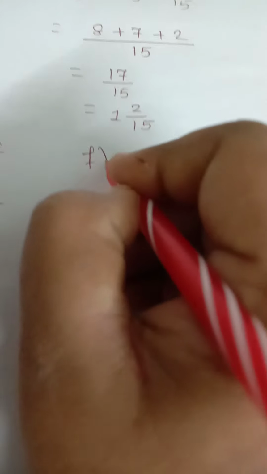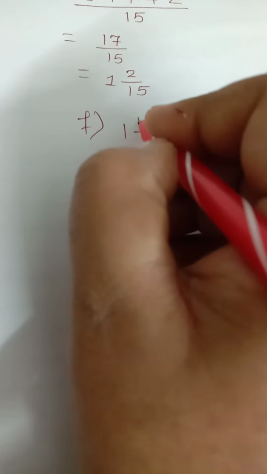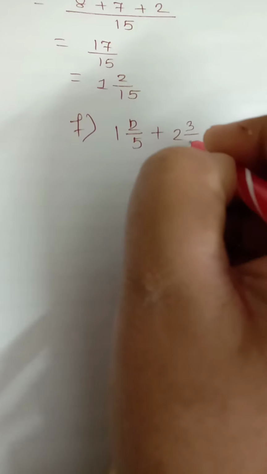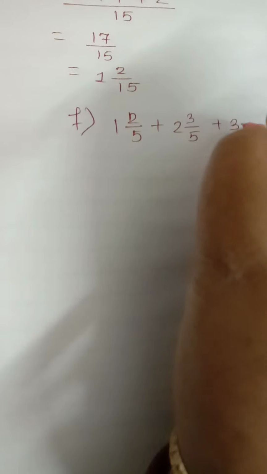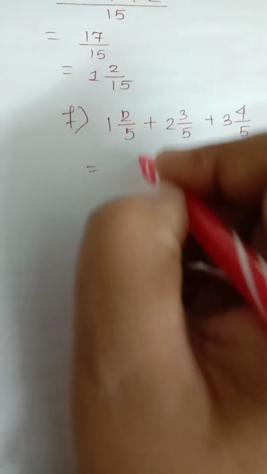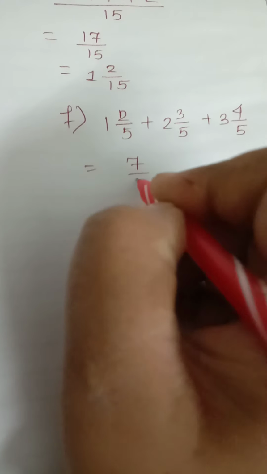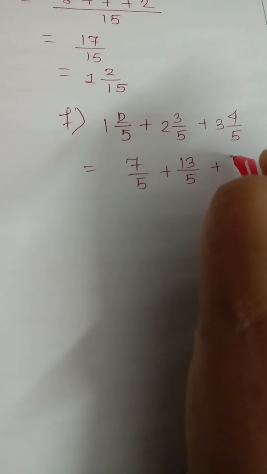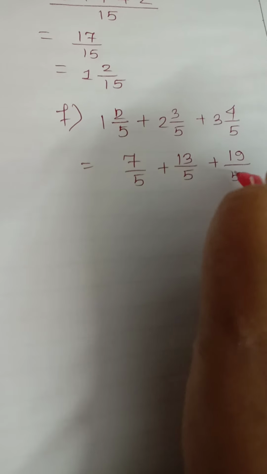Let us see question number F. 1 whole 2 by 5, 2 whole 3 by 5, and 3 whole 4 by 5. It gives you 5 ones are 5 and 2, 7 by 5. 5 twos are 10 and 3, 13 by 5. 5 threes are 15 and 4, 19 by 5.